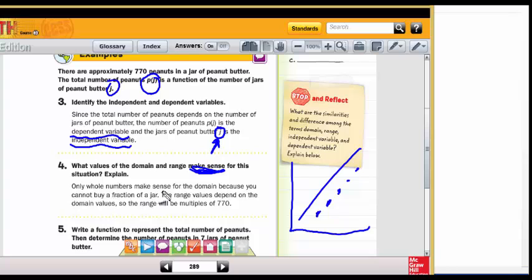Only whole numbers make sense for the domain, because you cannot buy a fraction of a jar. The range values depend on the domain values, so the range will be multiples of 770, because we're putting 770 peanuts in every jar, and we're not going to have a jar and a half. We can't have a number like 950 peanuts. It does not make sense.